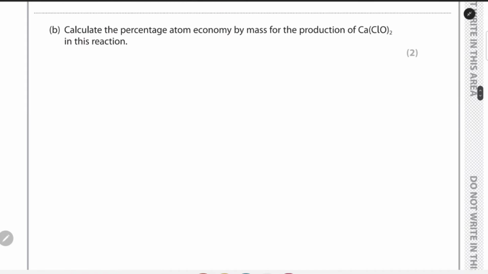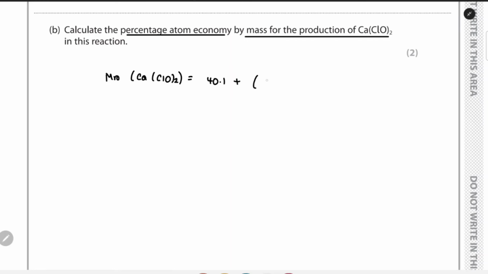Now moving to part B, we have to calculate the percentage atom economy by mass for the production of CaClO2. For that, we have to find the molar mass of CaClO2. This would be 40.1 for calcium, and then for chlorine it's 35.5, and for oxygen it's 16, and we multiply it by 2.